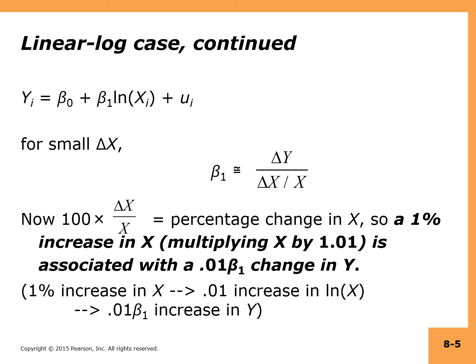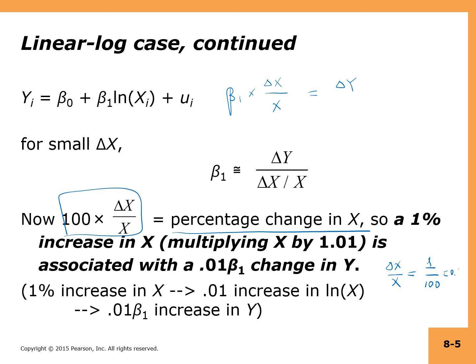I think the easier way to interpret this is by rearranging it. So let's multiply both the left-hand side and right-hand side by change in x over x. So now we have this formula. We also know that 100 times change in x over x is the percentage change in x. For instance, if you change x by 1 and your original x was 100, that gives you 0.01, but if you multiply this by 100, that gives you 1%.